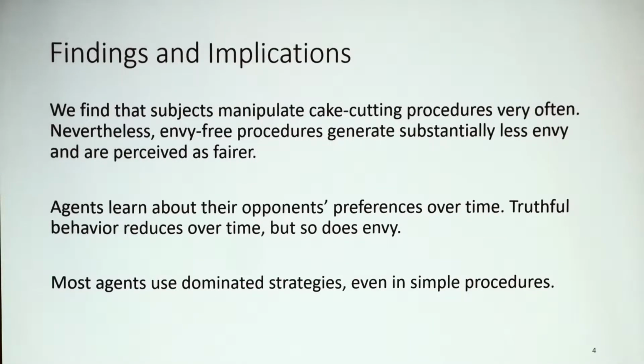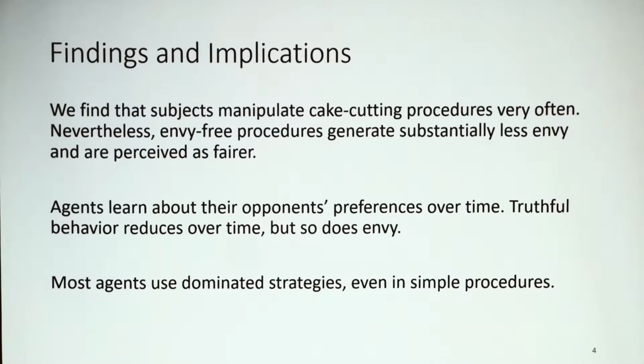To anticipate our findings, in most cases people actually misrepresent their preferences over the cake, which of course is a problem because our procedures only work when people do not misrepresent. But nevertheless, we find that envy-free procedures generate substantially less envy than other, proportional procedures. And this is particularly important when dividing cake among 3 players.